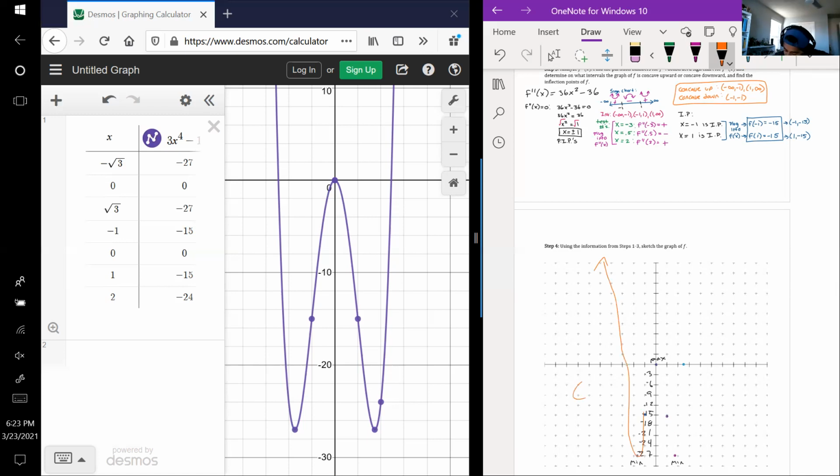All of that is concave up. And then from -1 to 1, we are concave down, so we curve around like that. And then from 1 to infinity, we're back to being concave up. And there it is.